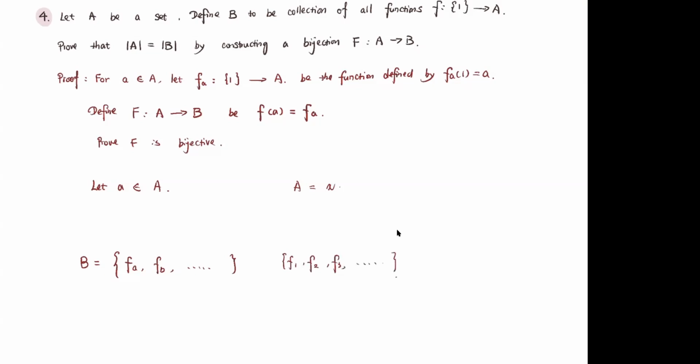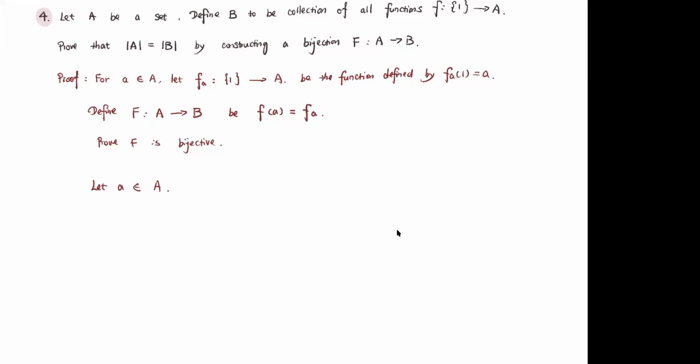Can I ask a question? Yes. Just to make sure I understood how the function works. The collection of functions, which is B, is basically because the lowercase a can technically be anything.